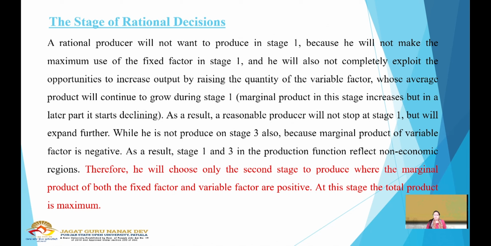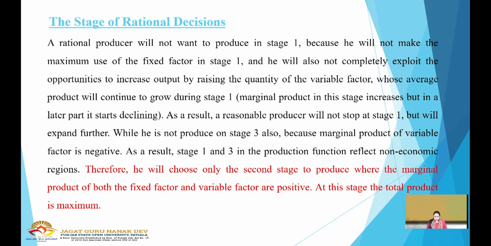And he will also not completely exploit the opportunity to increase the output by raising the quantity of the variable factor, whose average product will continue to grow during stage 1.